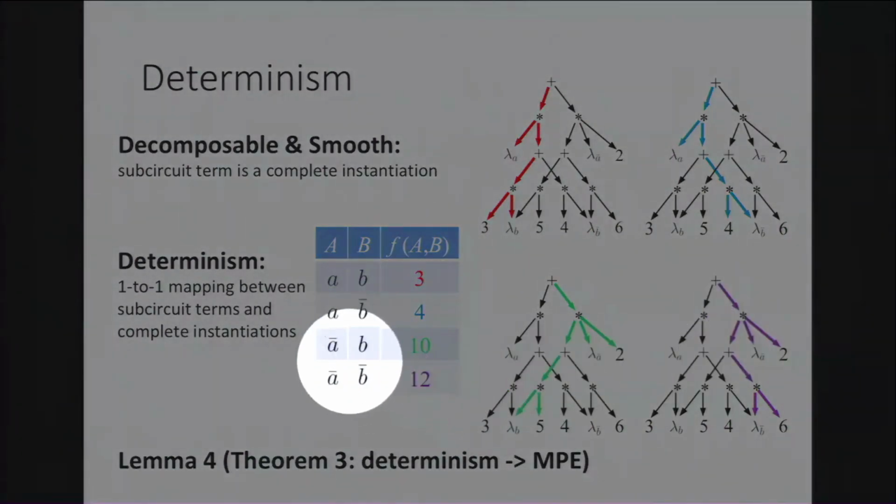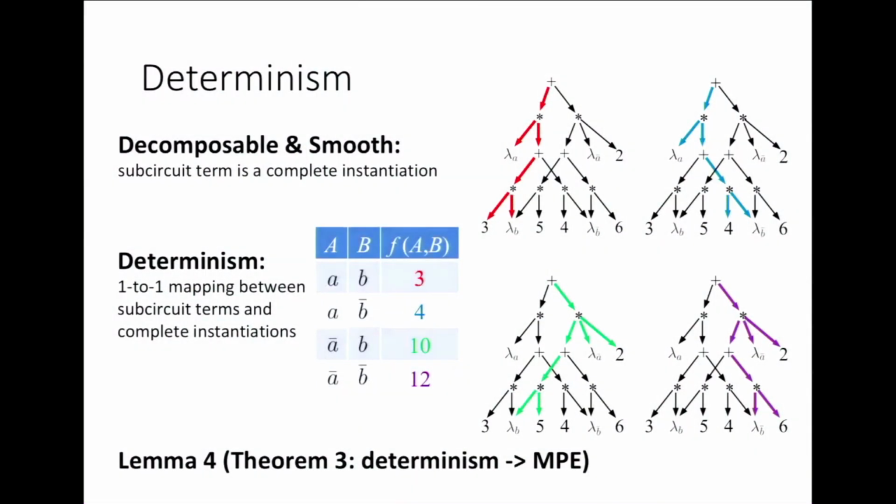Without determinism, a row, which happens to be a variable instantiation and a number, could be represented by multiple subcircuits. All the same term, and then if you add up their coefficients, you get the number 12. That's if you don't have determinism. Will not happen if you have determinism. There is a single subcircuit for each one of these rows with determinism.